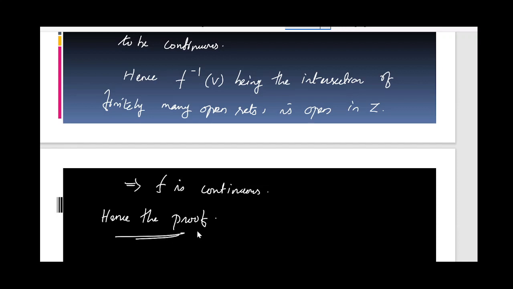So we have proved that the projection function in a product topology is continuous.